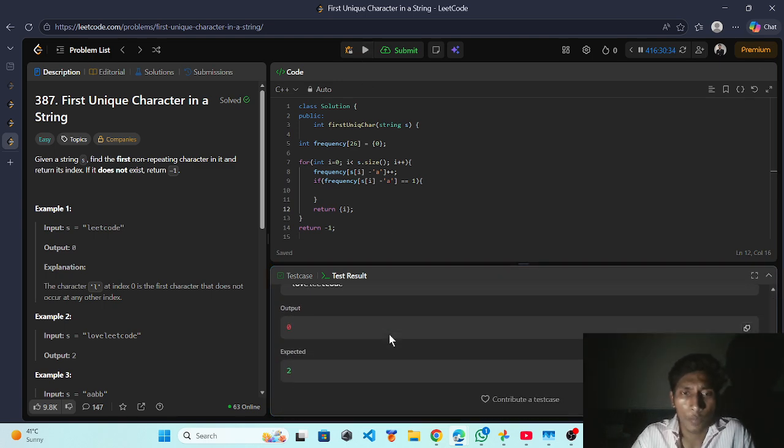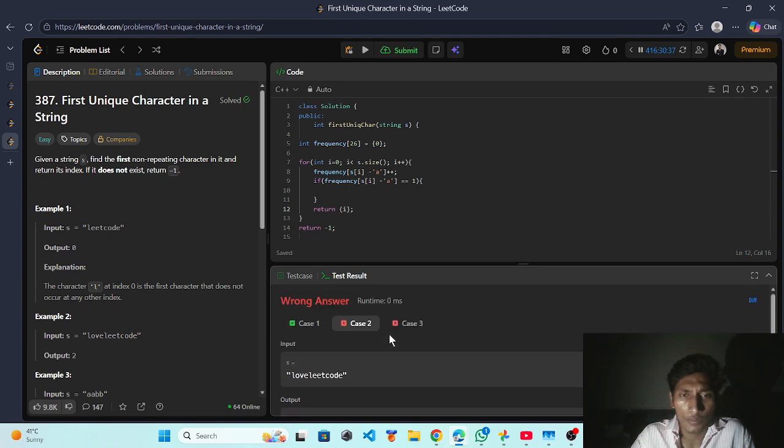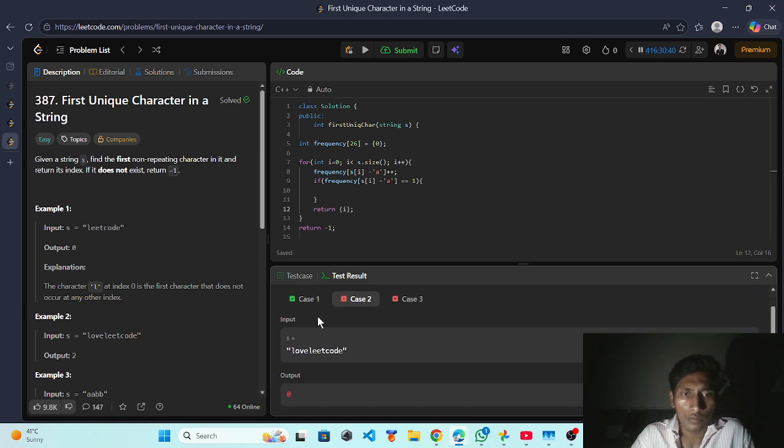What is the reason behind it? The output is 0, which means frequency of s[0] is 1, only one time.